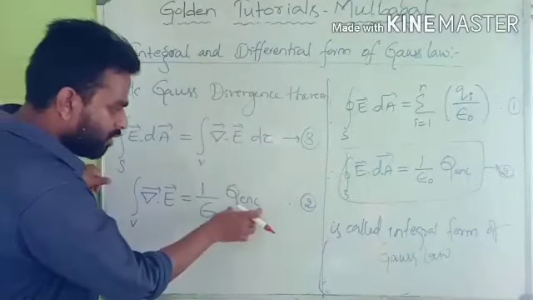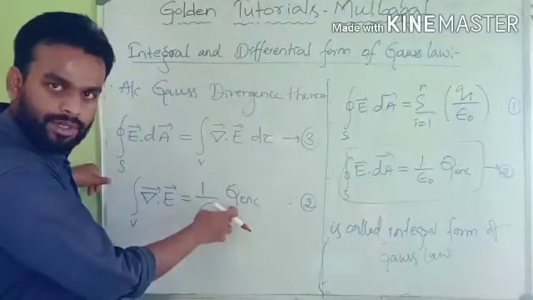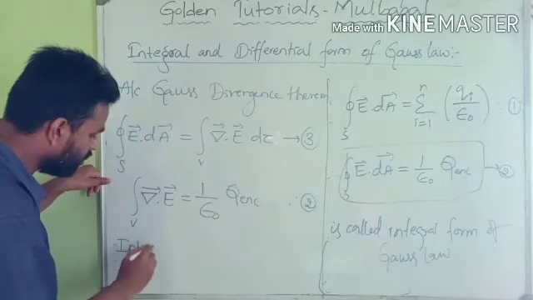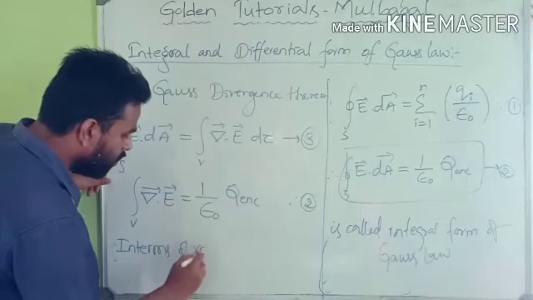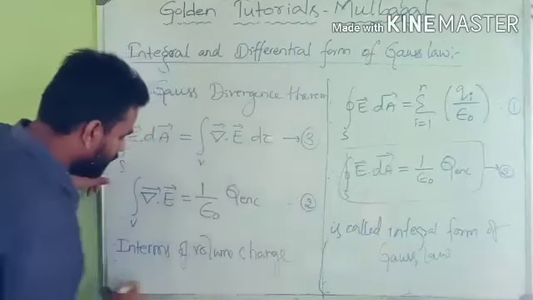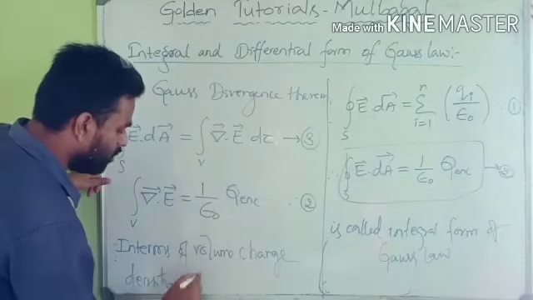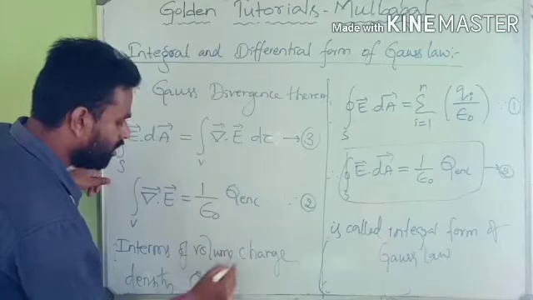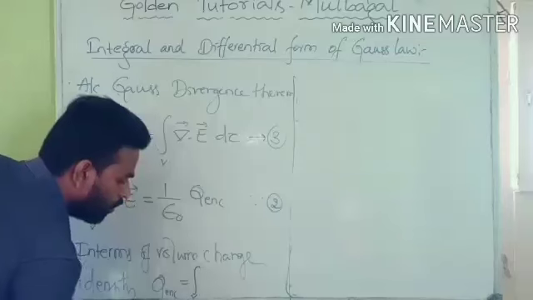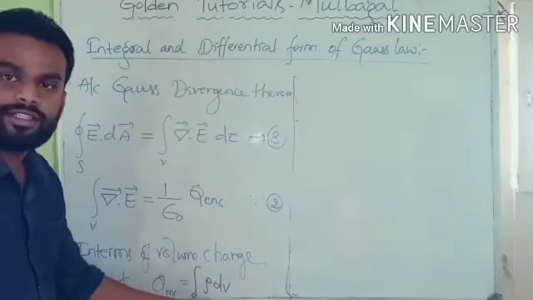Now suppose I consider any closed surface having a net charge of capital Q. In terms of volume charge density, I can write the total charge enclosed as the integral over the volume V of rho dV, where rho is the volume charge density.